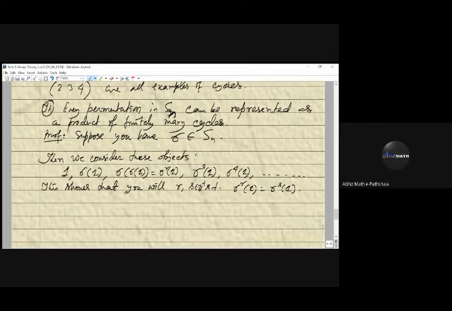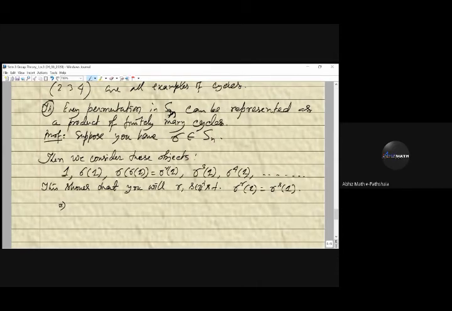Using the property that sigma is a bijection, you can always have inverse permutations.